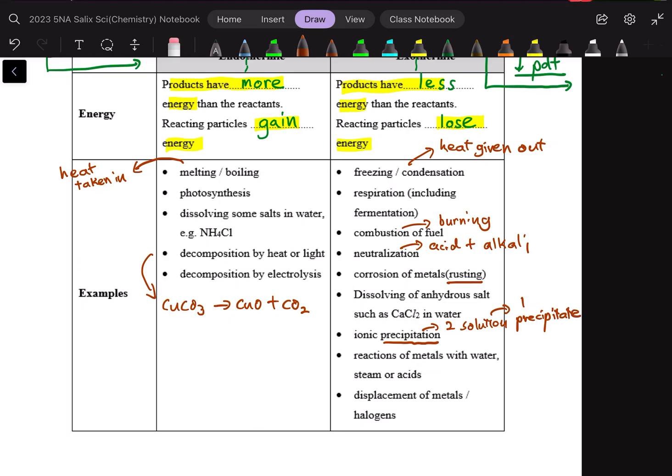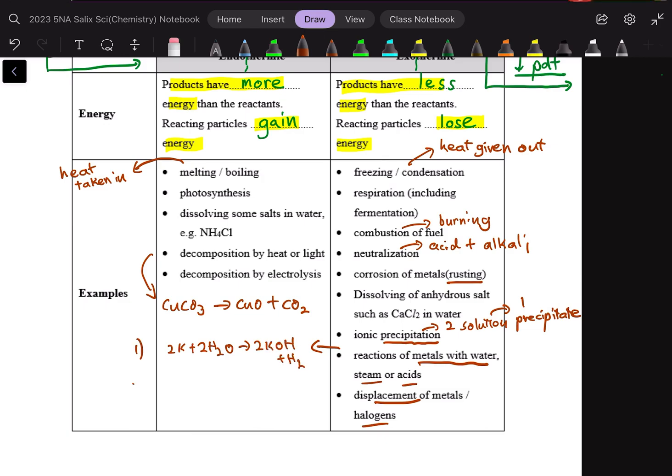Or the reaction of metal with water, with steam, with acid, displacement of metal, displacement of halogen. These are all examples that you have looked at earlier on. Just as a recap, for example, potassium with water gives you potassium hydroxide plus hydrogen.